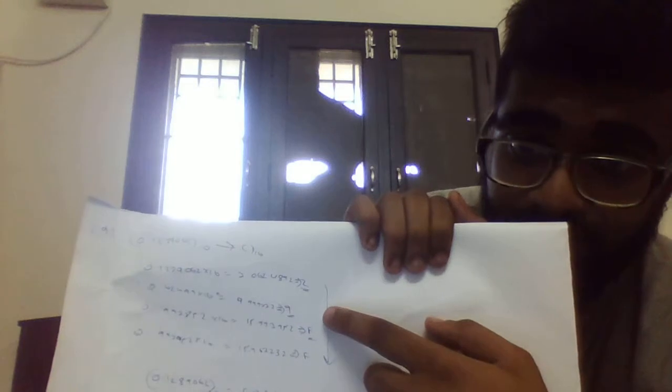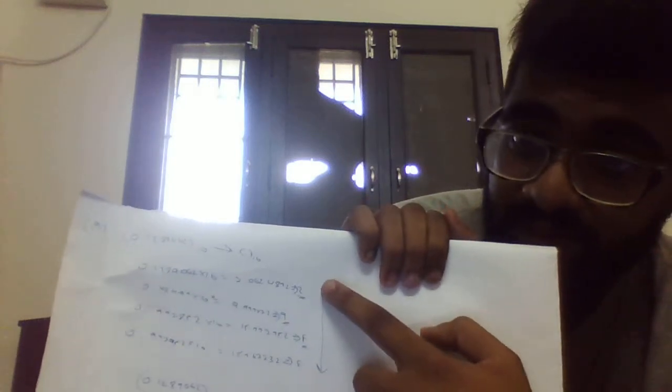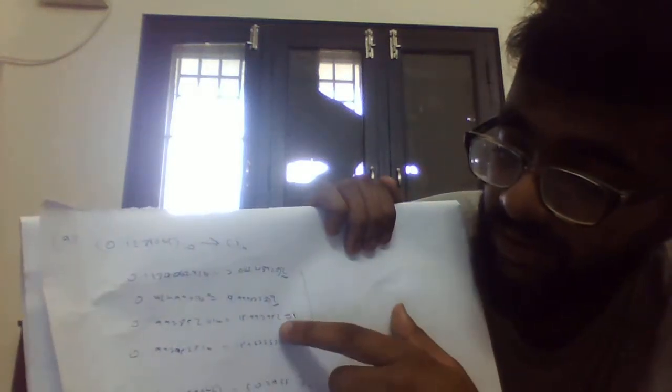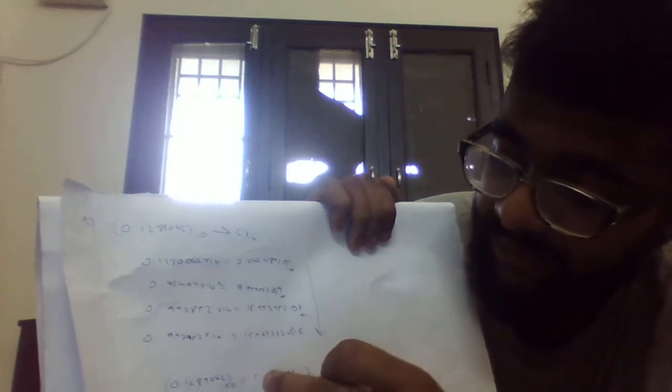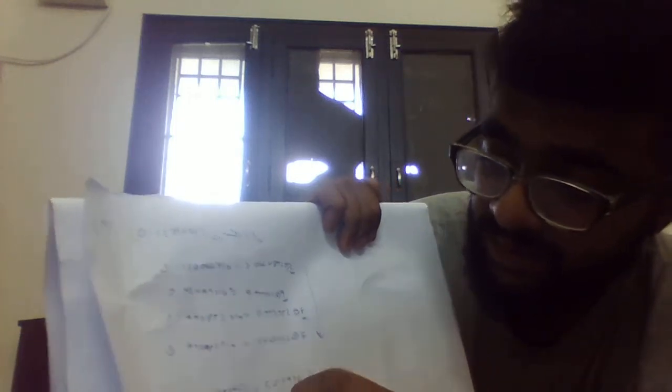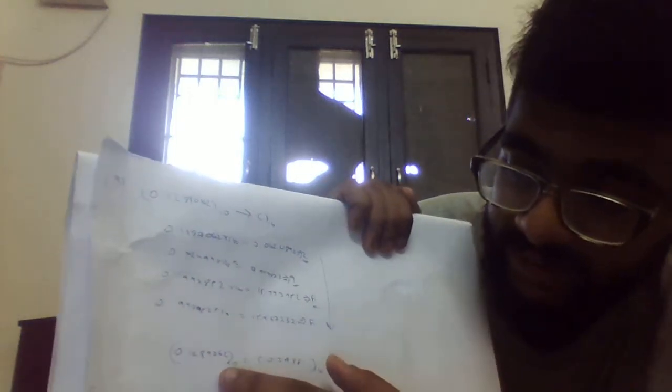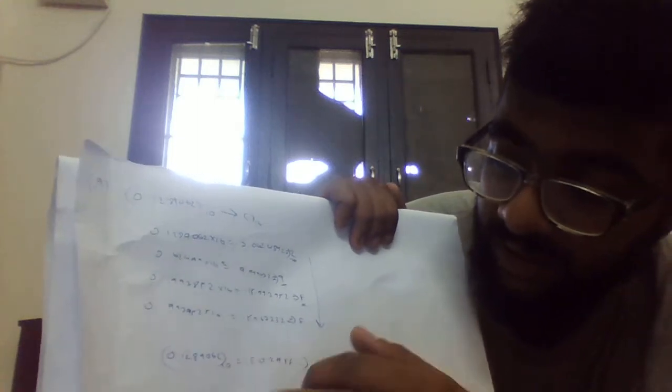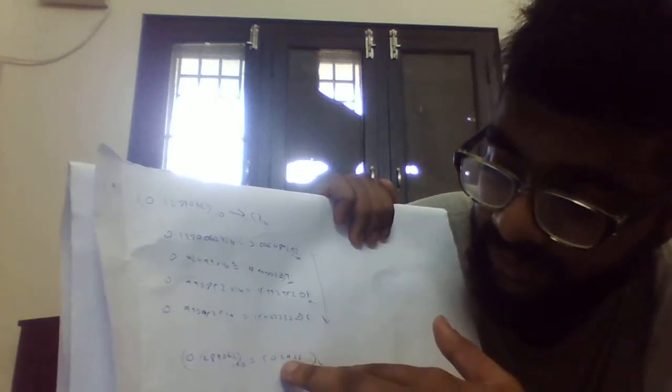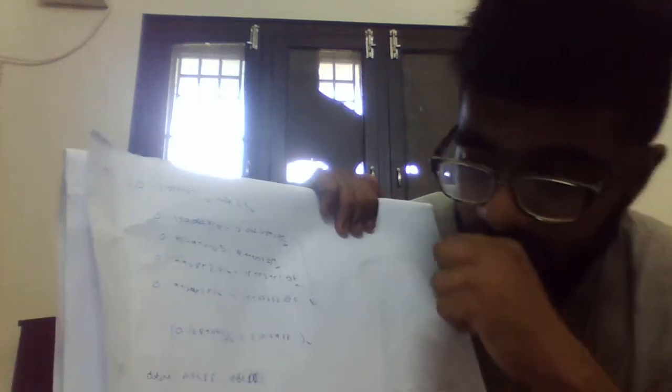Again the same value is taken, and then it's multiplied into 16, and hence you keep getting certain values like this. These values are then grouped together, and that is the final answer. So 0.12896062 decimal, in hexadecimal form is 0.29FF.